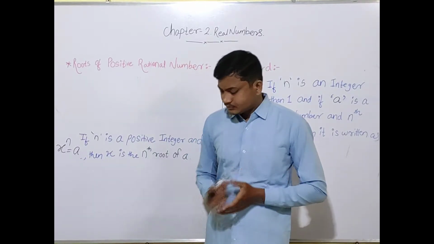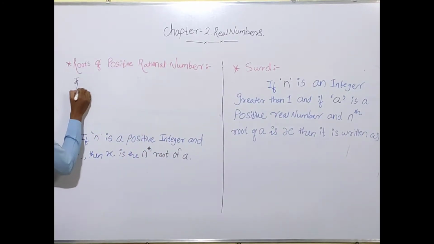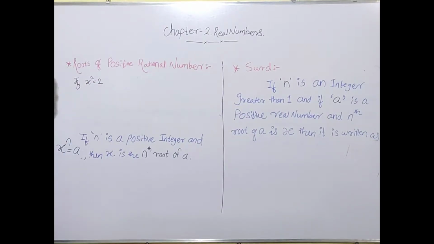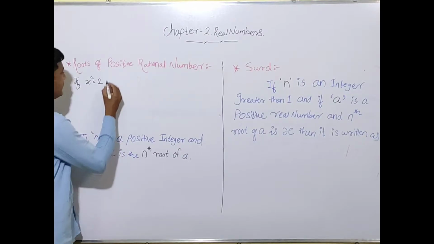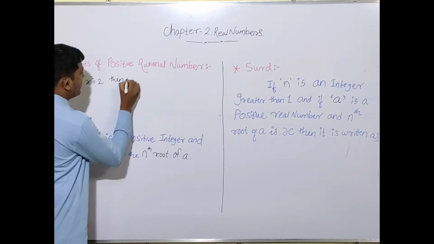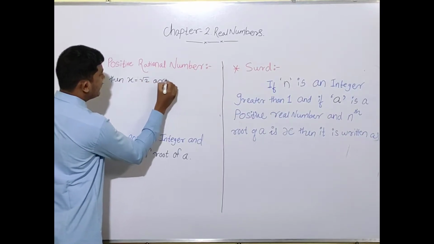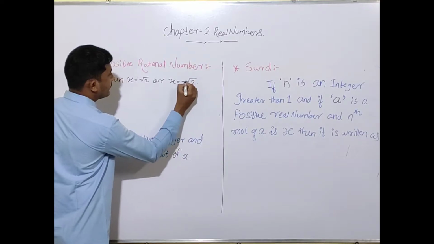So let's see, if x square equal to 2, then if you have to find the value of x, what are the possible values of x? Then x equal to root of 2 or x equal to minus root of 2.